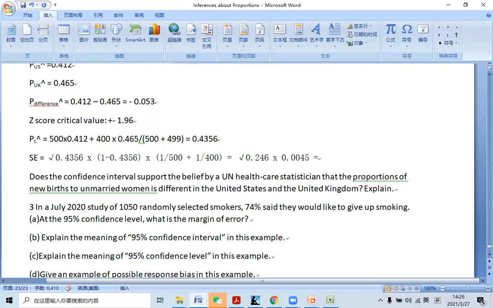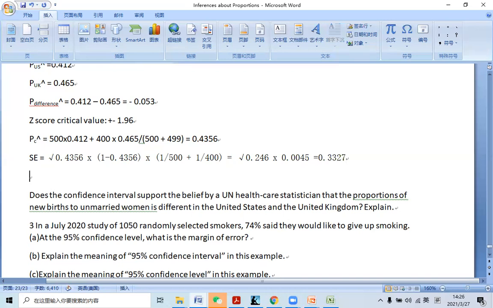Let's get the square root of 0.246 times 0.0045. That is 0.3327.